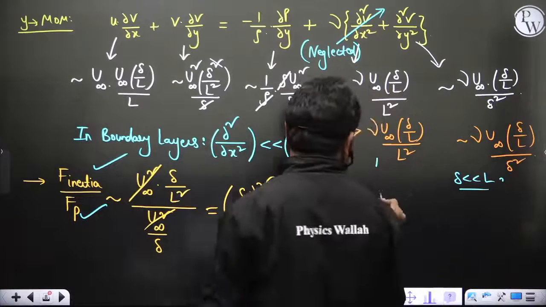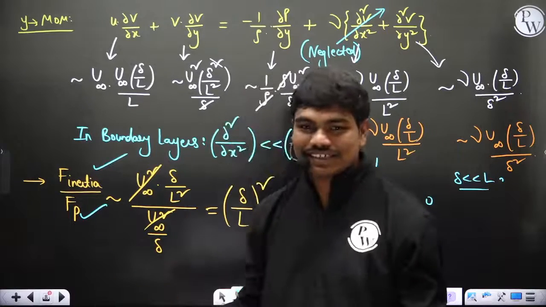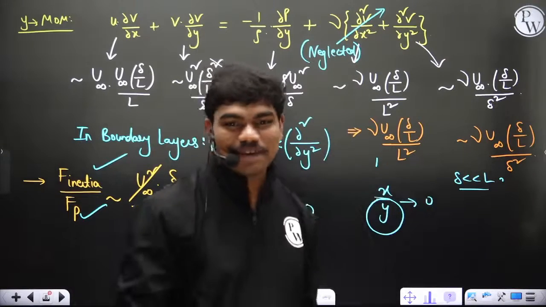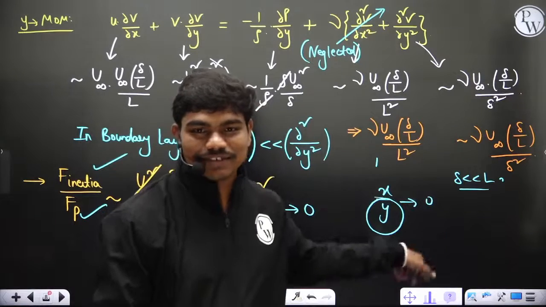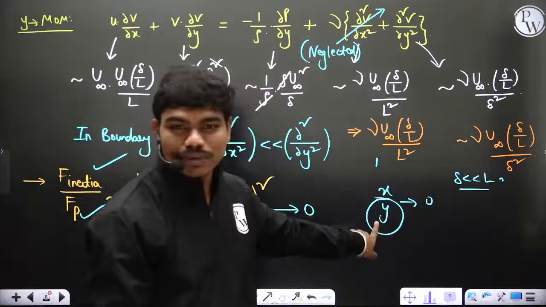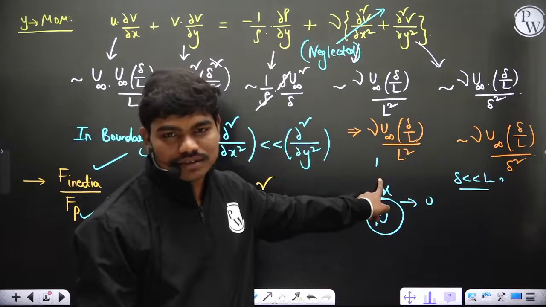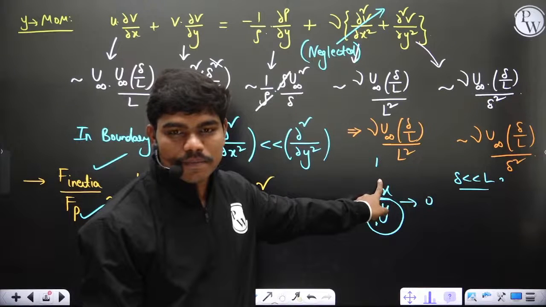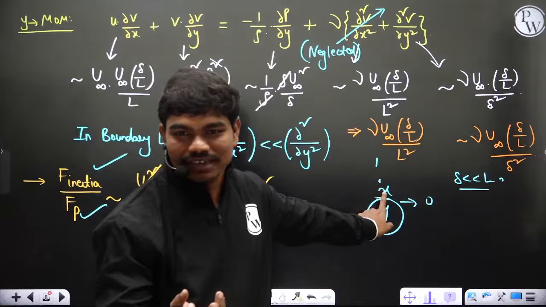Let us suppose if I write x by y is tending to 0, that means y is very large, correct? Or x should be very small. Did you understand this? Let us suppose a fraction is tending to 0, that means either the denominator is very high or the numerator is very low. Yes? This is clear? Simple fraction, okay?